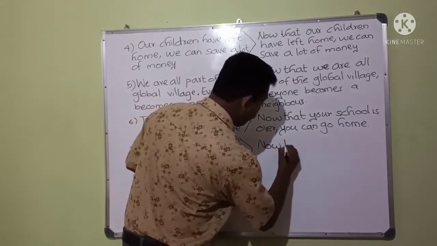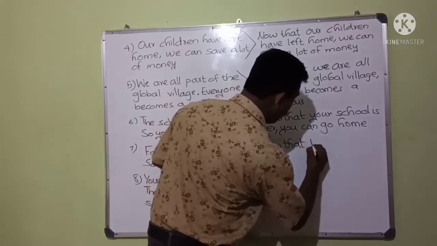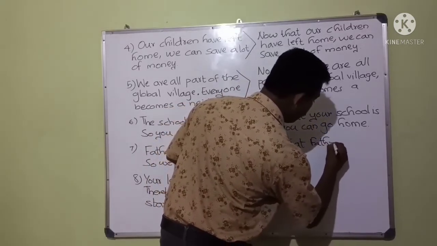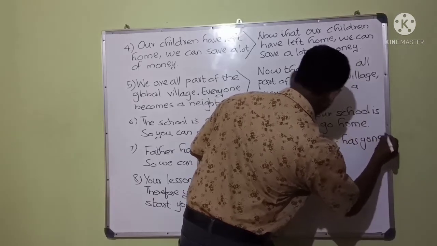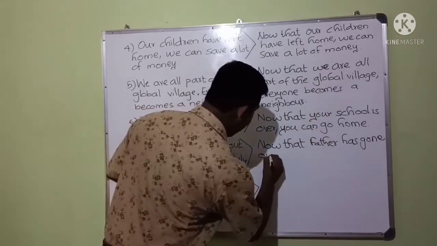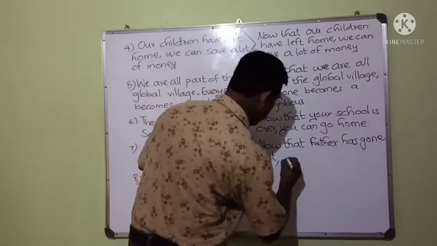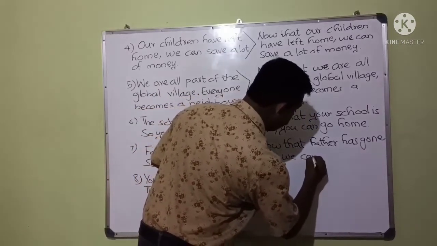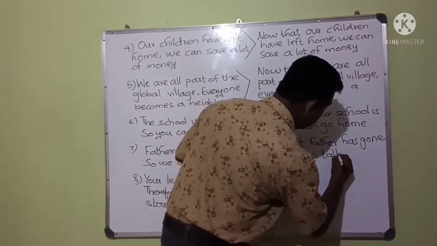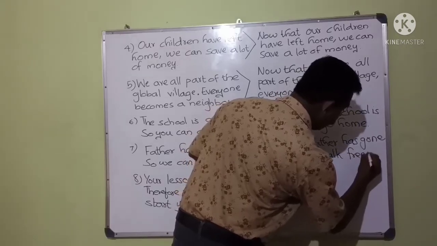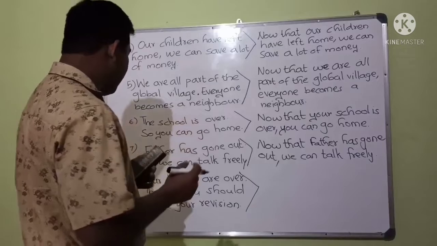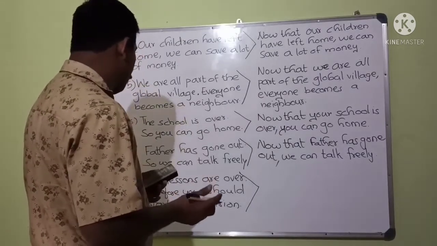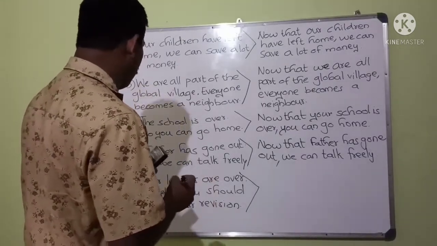Seventh one, father has gone out, so we can talk freely. Now that father has gone out, comma, we can talk freely. Eighth one, your lessons are over, therefore you should start your revision.